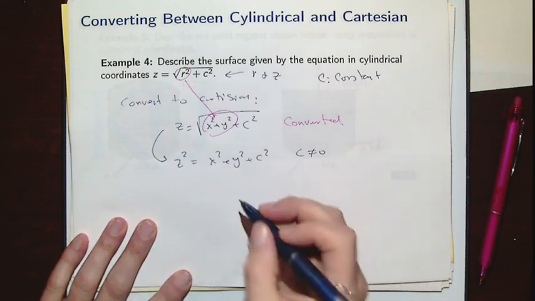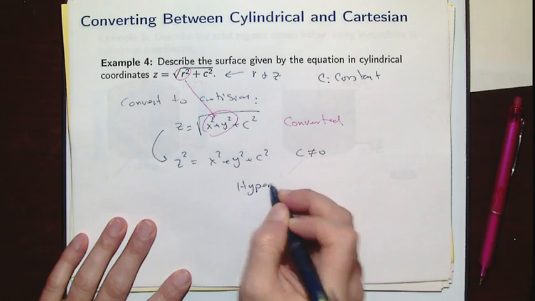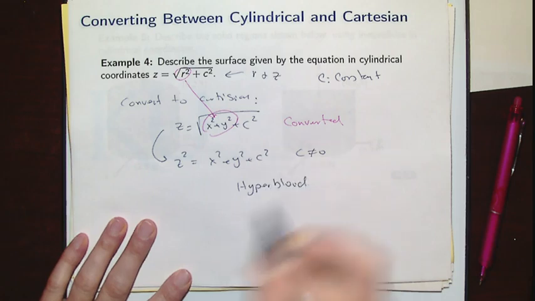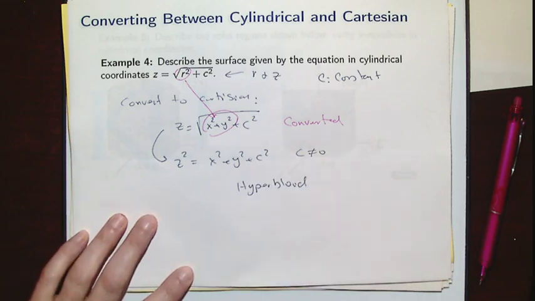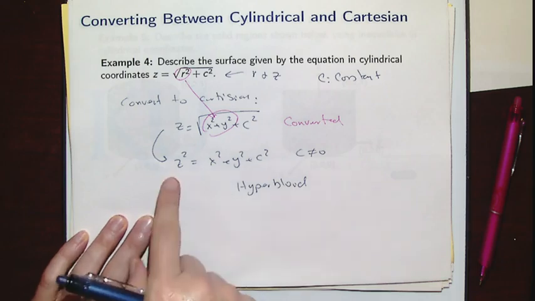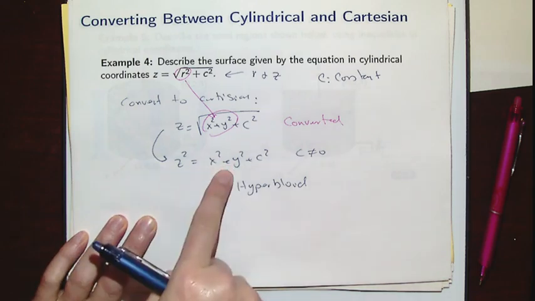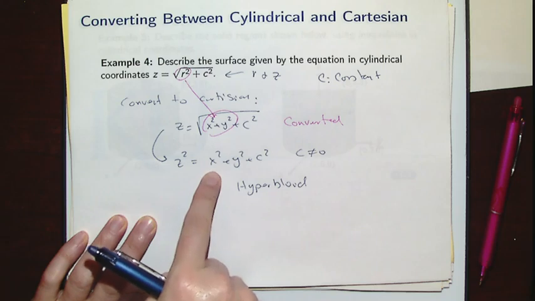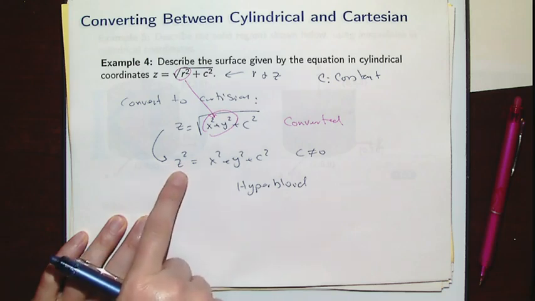So what's the other one? Hyperboloid. Is it 1 sheet, 2 sheets? It should be, hold on. If I plug in, Z is not like the others, right? Z doesn't have the same sign. If I plug in Z equal to 0, what do I get?